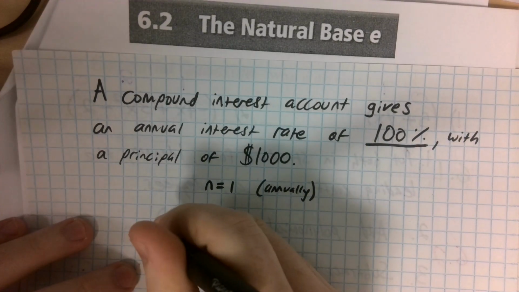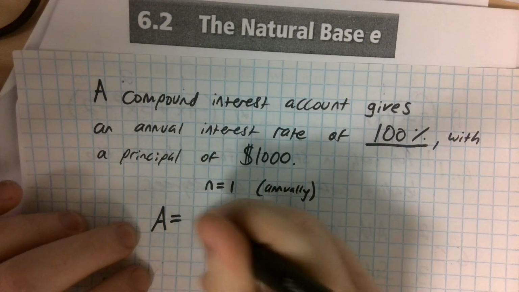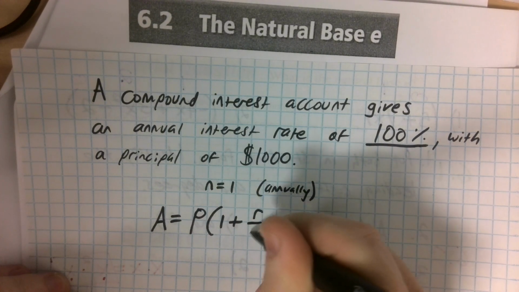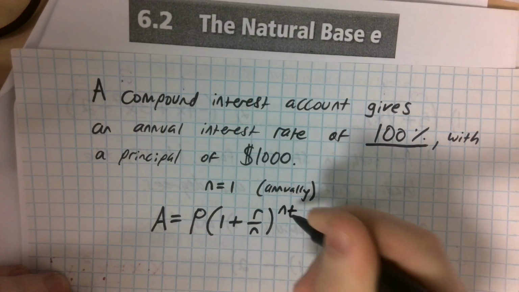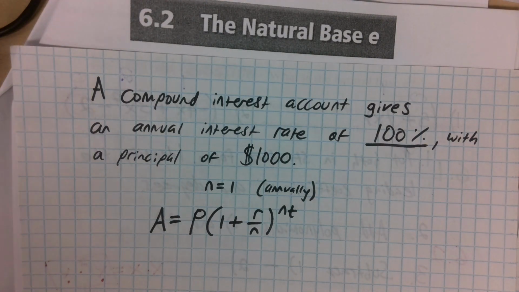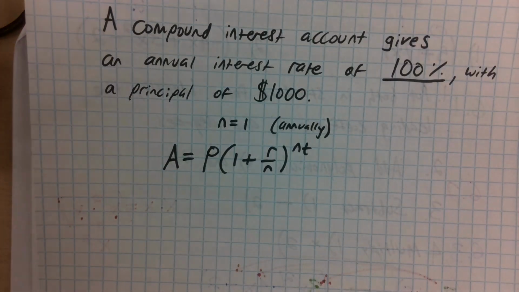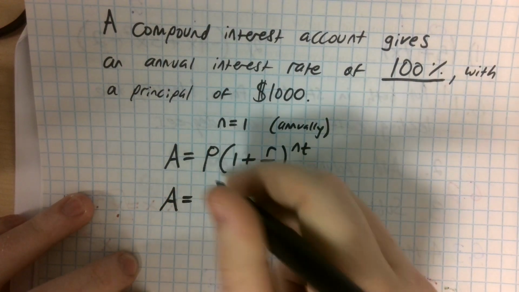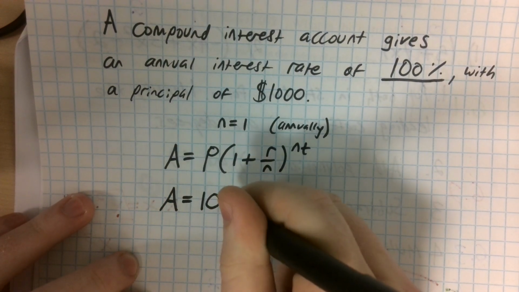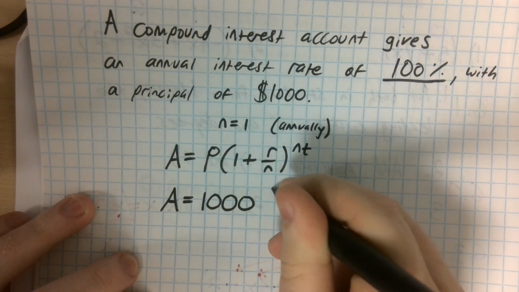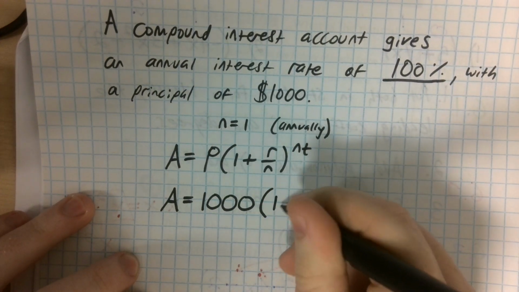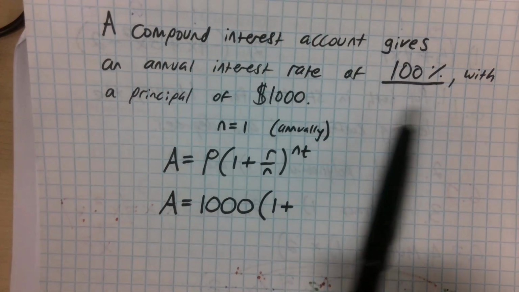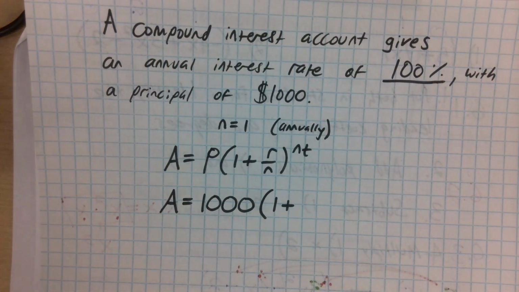Well, our formula for compound interest is A equals P times 1 plus r over n to the nt power. If we plug in all of our known values, the amount of money we have in the bank is equal to the 1,000 we put in at the start times 1 plus, well, we need to have 100% as a decimal.